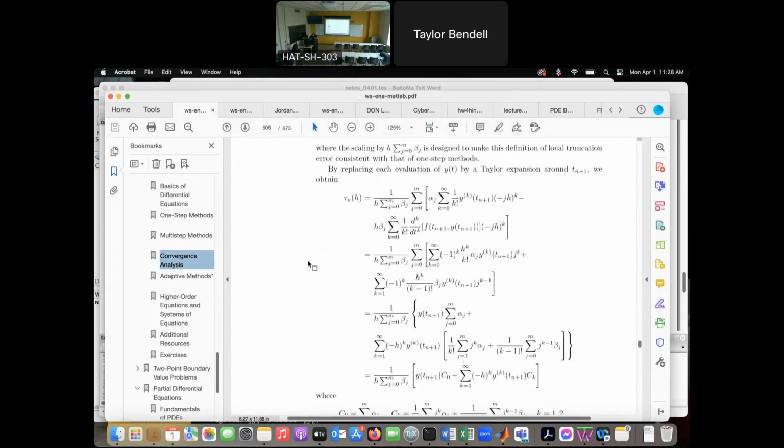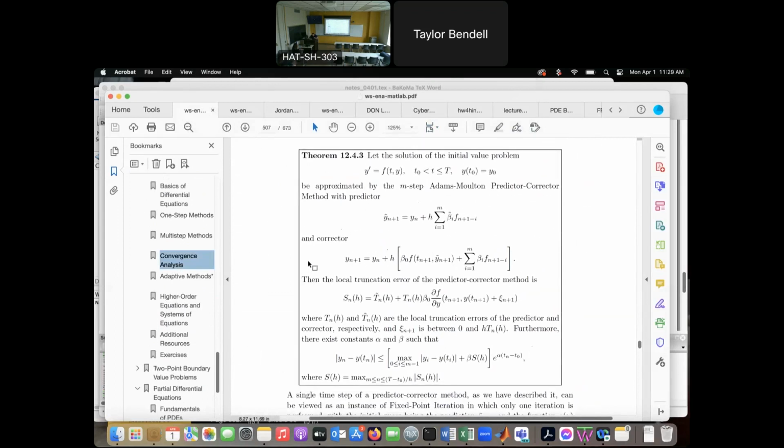I'll talk more about convergence analysis in the next section, but there's a theorem that gives the accuracy of an m-step predictor-corrector method. So if you're using this explicit method as a predictor with this implicit method as a corrector, the error involved is a linear combination of the error that comes from the corrector and also from the predictor.